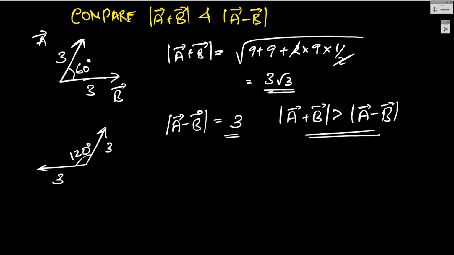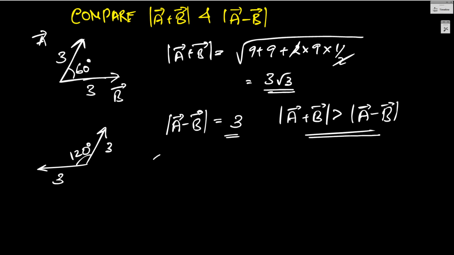I want to know what is the general rule that tells us which answer is going to be bigger. Well, I'm pretty sure you can understand that. Look, if the angle is acute, that is smaller than 90 degrees, then the resultant will be bigger. And if the angle is obtuse, then the resultant will be smaller. Correct? Therefore, addition will have a bigger answer if the angle is acute.